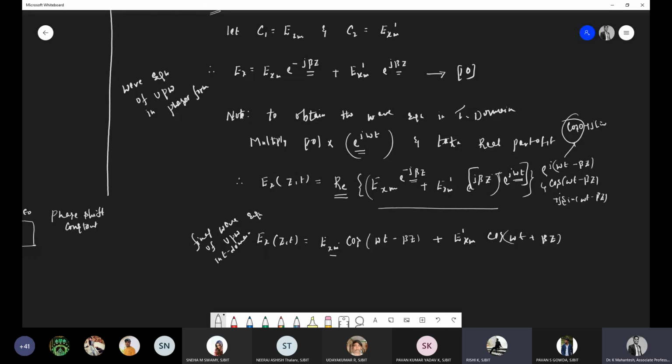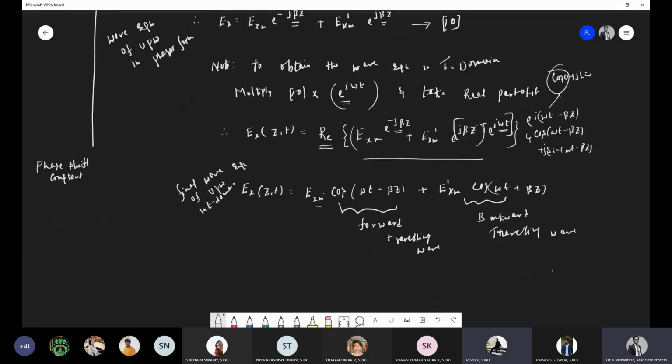And the first half, that is the Exm term, is known as the forward traveling wave, and this coefficient Exm dash term is called the backward traveling wave. And this is the equation for E.